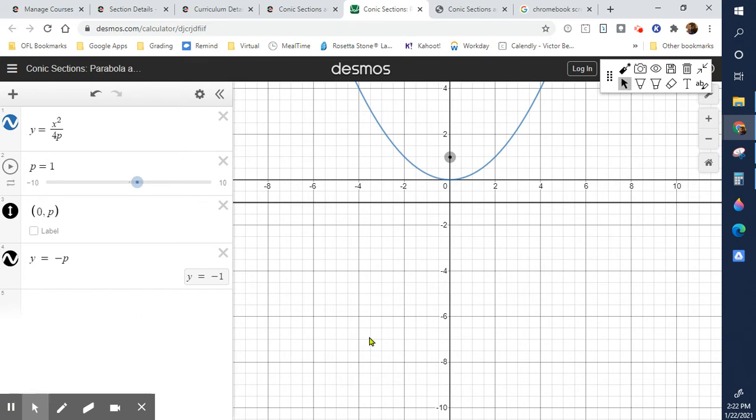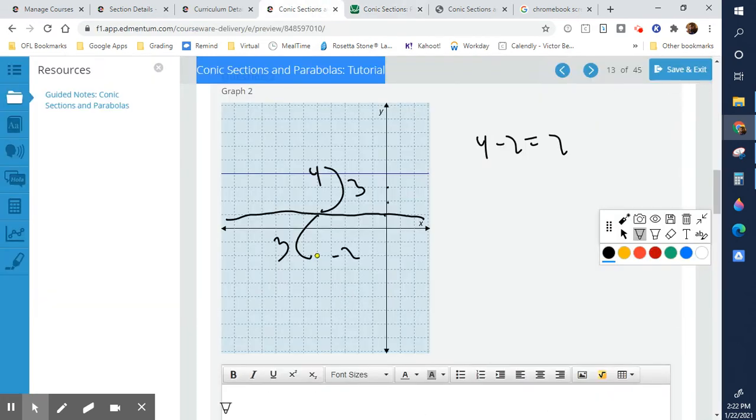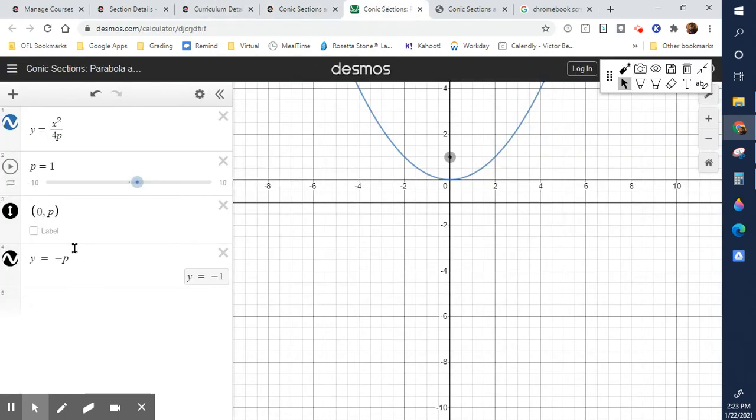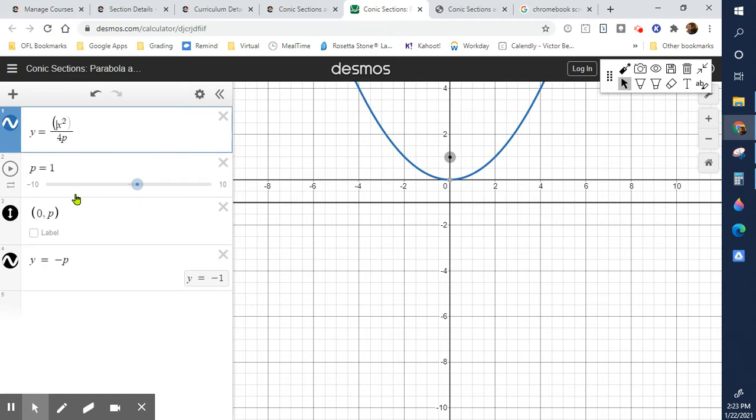So I didn't exactly solve the problem, but I think I know what we need to do. We need to move everything. Oops, let's see here. Wrong pen. We're going to move everything to the 1, 2, 3, 4, 5. We're moving 5 to the left, which means we're going to want to put this as parentheses.